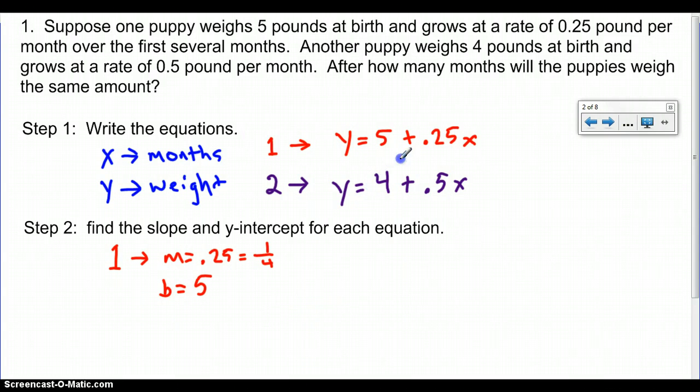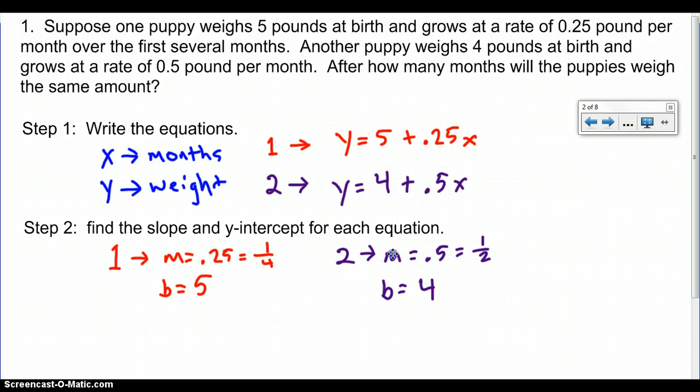The order of these two equations is not exactly the same as our slope-intercept as we've switched things around, but it's still the same idea. On the second one, the slope is 0.5, which for our purposes finding slope, we'd want to consider to be 1/2. And then the b value, the y-intercept, is 4.